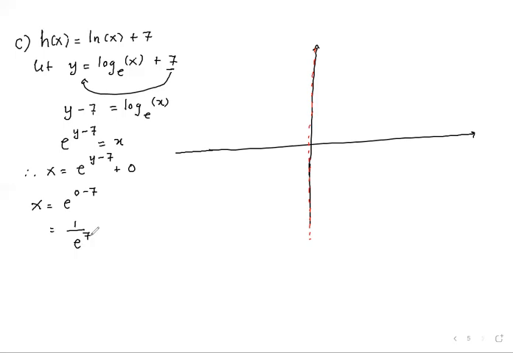So this number is positive, but very small. So it's somewhere here. So sketching this, we put it inside and sketch it like this. Say this number is 1 over e to the power 7. It's literally just getting the intercept. That's all.